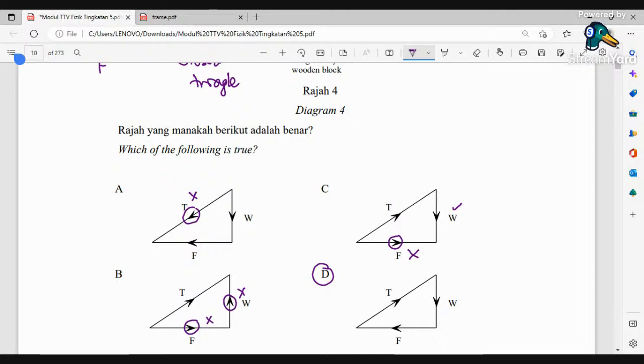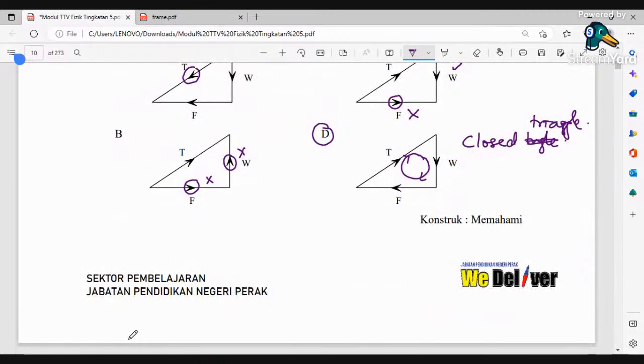So this means forces in equilibrium. Okay, direction follows each other, like forming a circle, a closed triangle, equals 0.